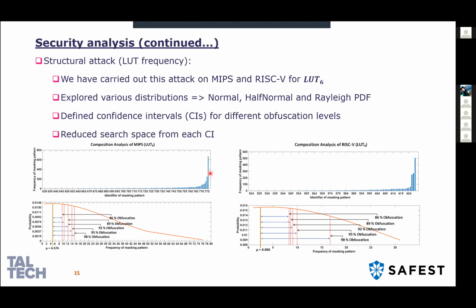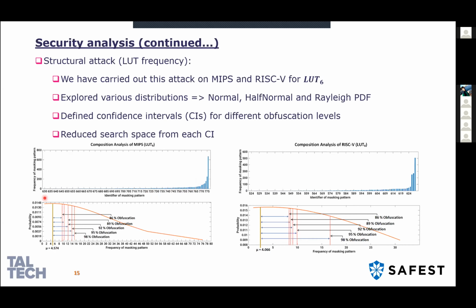We can analyze that, let's say for identifier 775, we have a very strong and very high value, around 600. Then we have another value more than 200, and then a value of more than 500. So this is like a decaying exponential behavior.